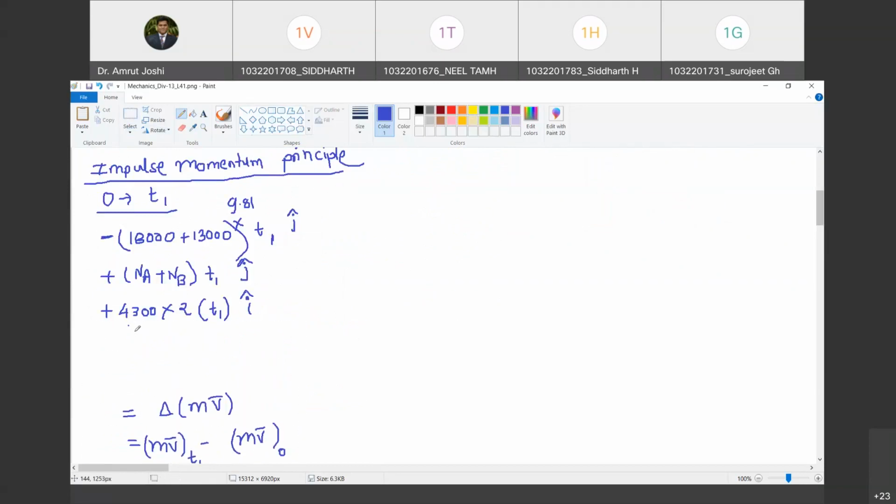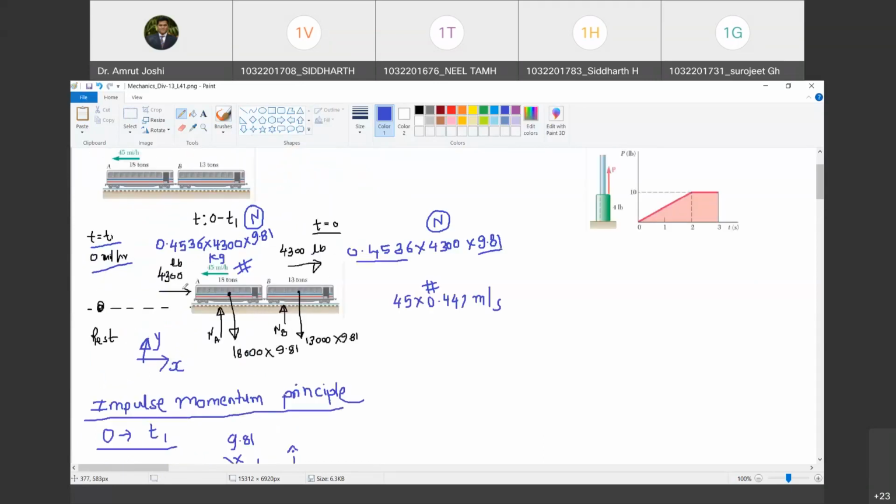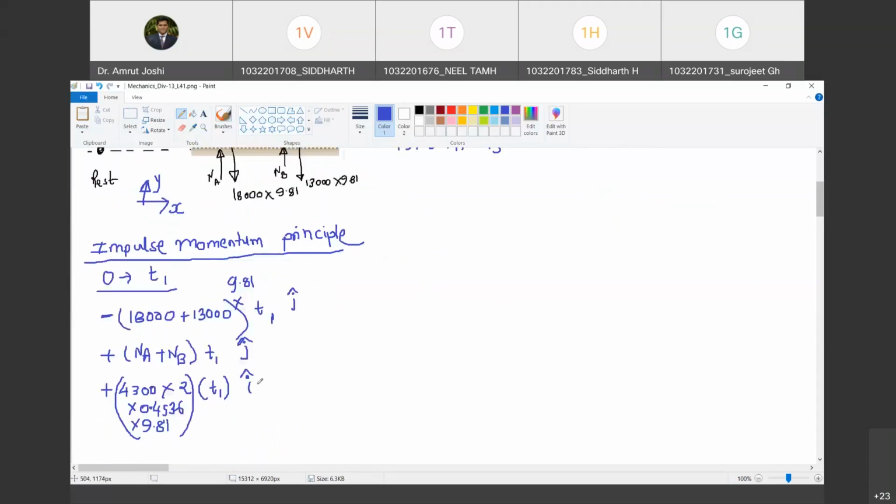This multiplied by 0.4536. Happy? This multiplied by 9.81. This multiplied by T1 minus 0, that is T1. And this impulse is towards right, so positive x direction. So I will assign I cap with this. Are you with me?